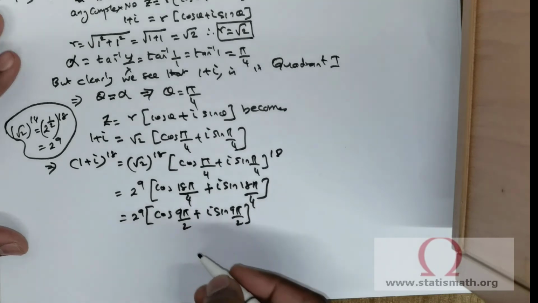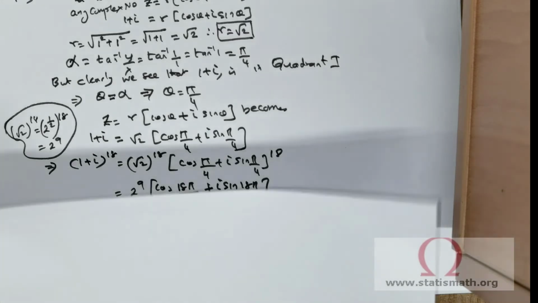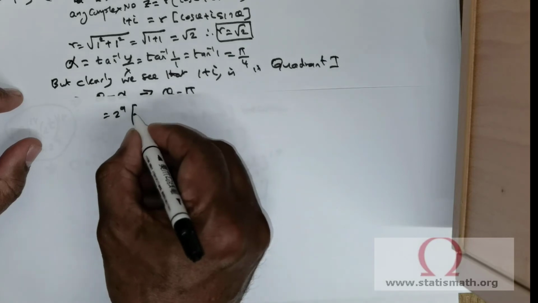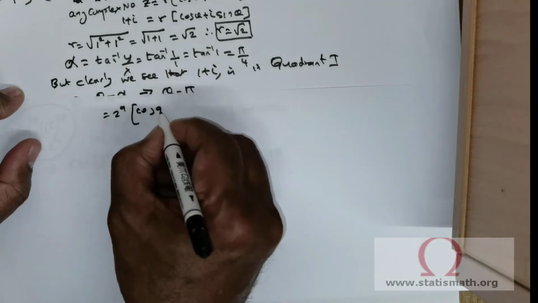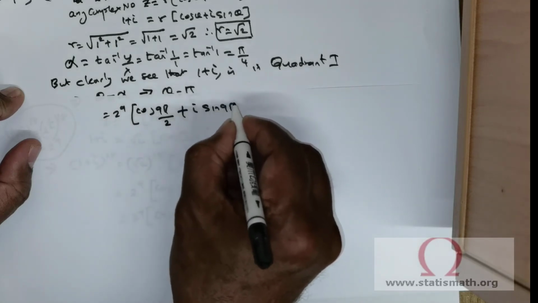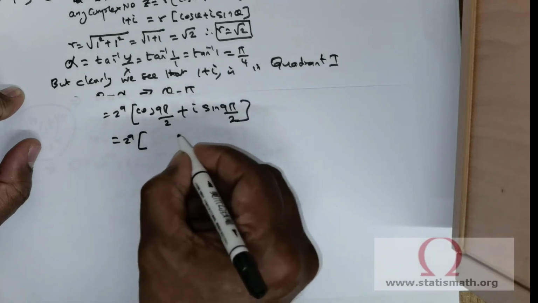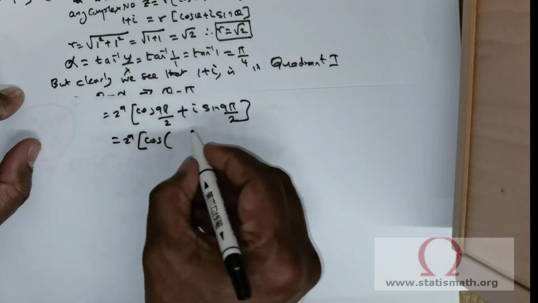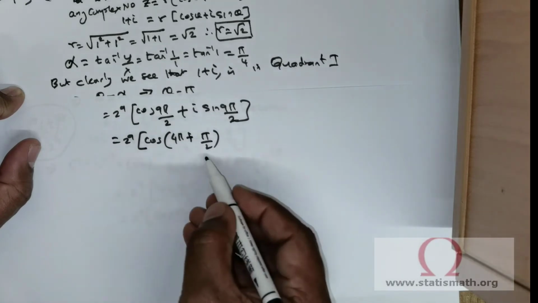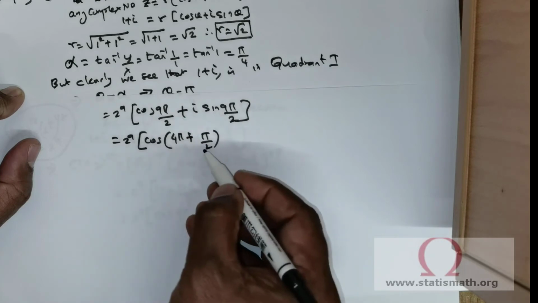Now I need to simplify this. To simplify this, I am going to rewrite 2 raised to the power 9 times (cos 9 pi divided by 2 + i sin 9 pi divided by 2) as 2 raised to the power 9 times cos of (4 pi + pi over 2). 2 times 4 pi gives me 8 pi, added with pi will give me 9 pi divided by 2.